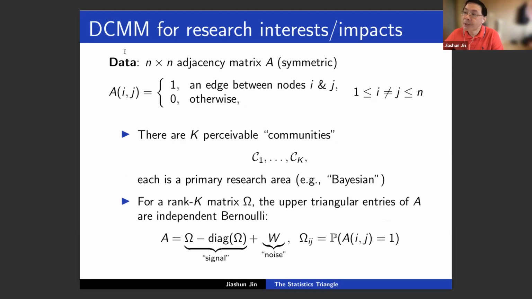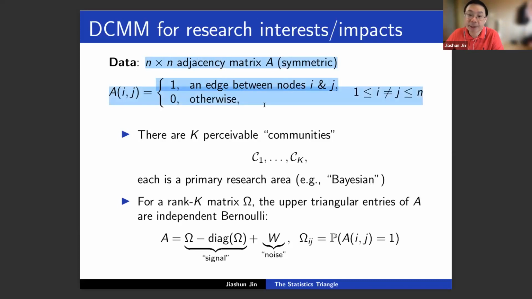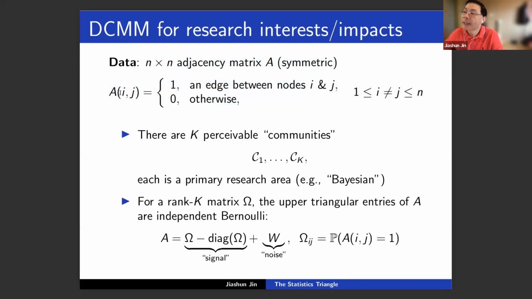We're going to use the so-called degree corrected mixed membership model for the research interest and impact. Here we are given an N by N adjacency matrix of the Sci-late work. Let's focus on the first Sci-late work for now. The adjacency matrix is very simple. If there's an edge between node i and j, then Aij is 1, otherwise 0.